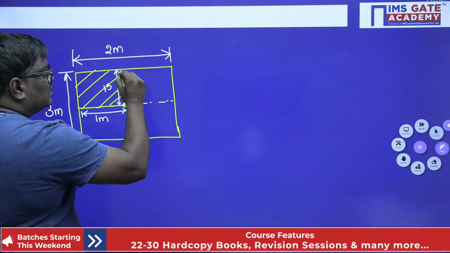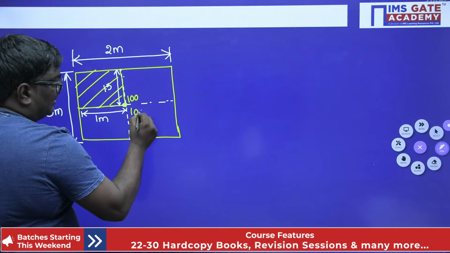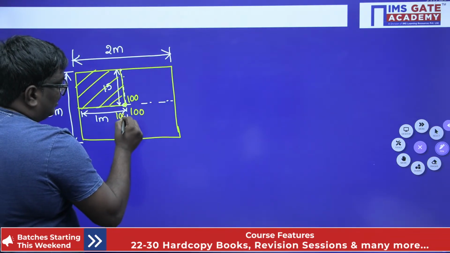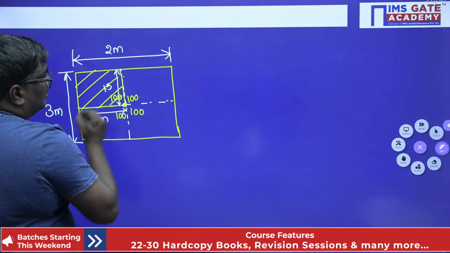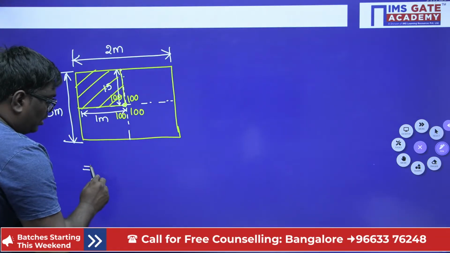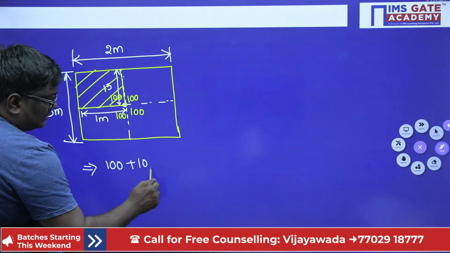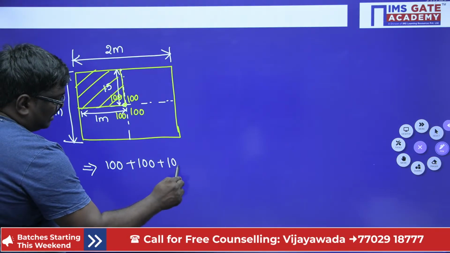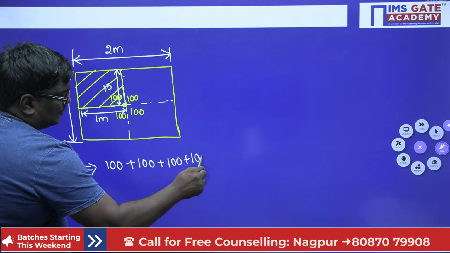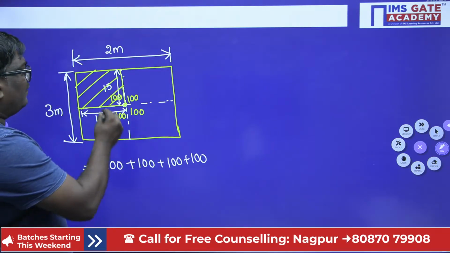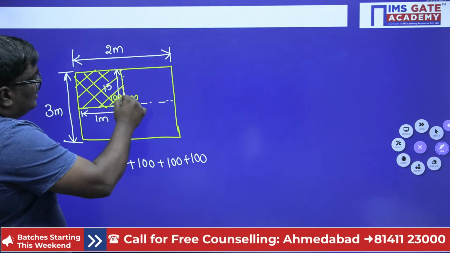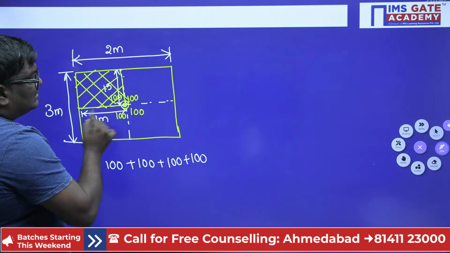It is given as 100. Now this is also the same portion, so here also it will be 100, here also 100, here also 100. So the stress will be equal to 100 plus 100 plus 100 plus 100. Are you able to understand? They have given the stress of this portion at the corner as 100.